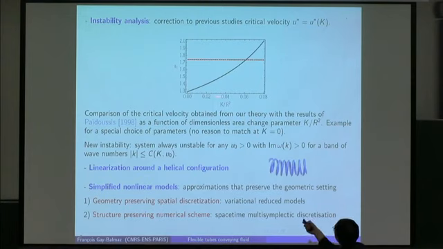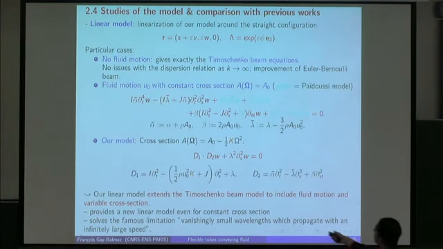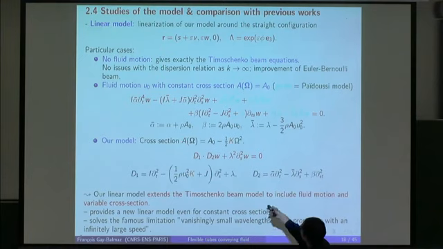K is the scale of the cross section change, how much the cross section change impacts the dynamics. We chose this volume formula for the tube, for the cross section.